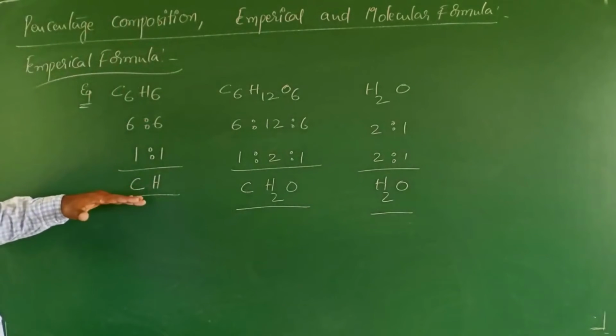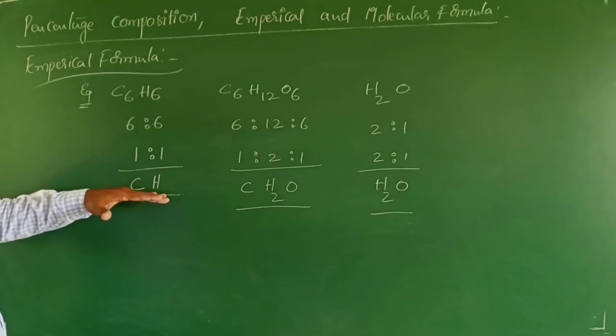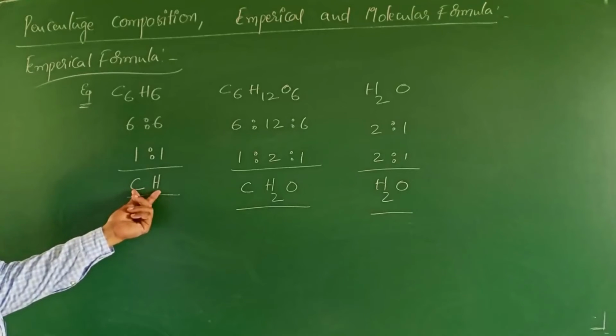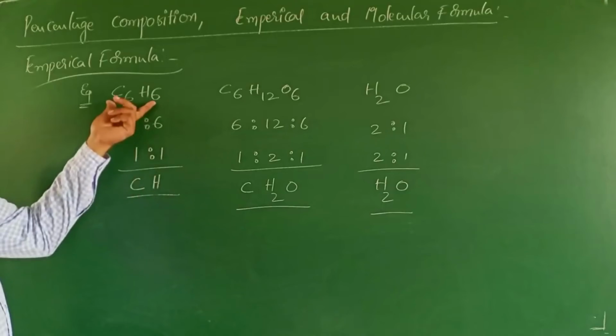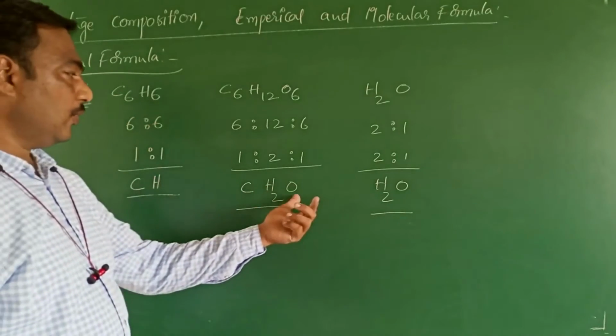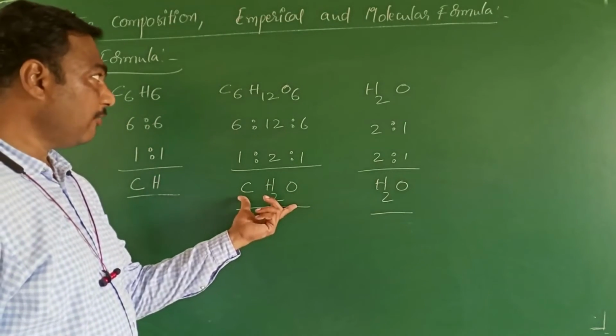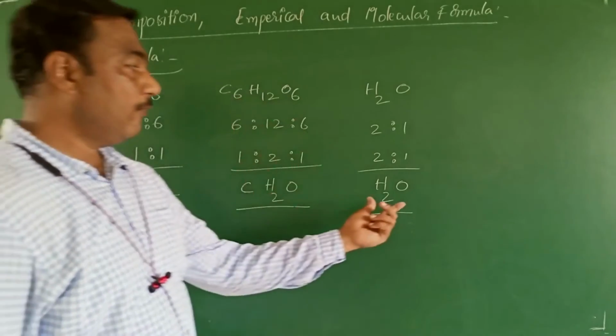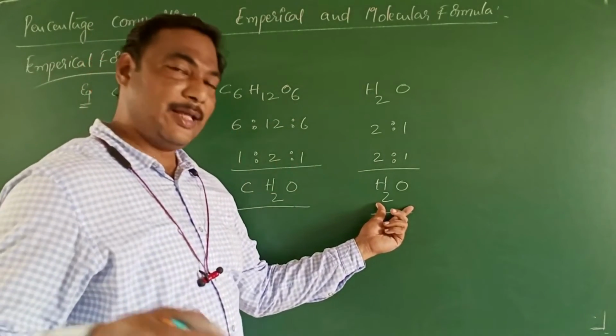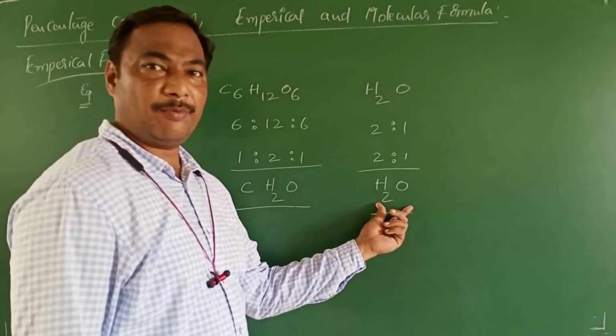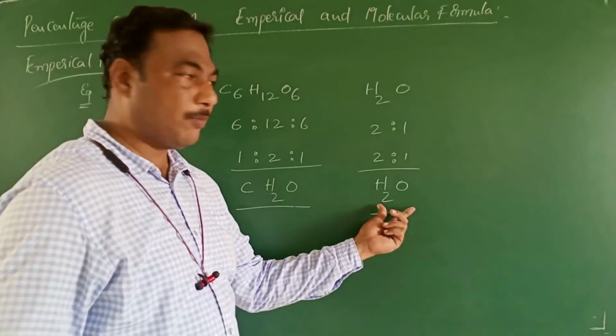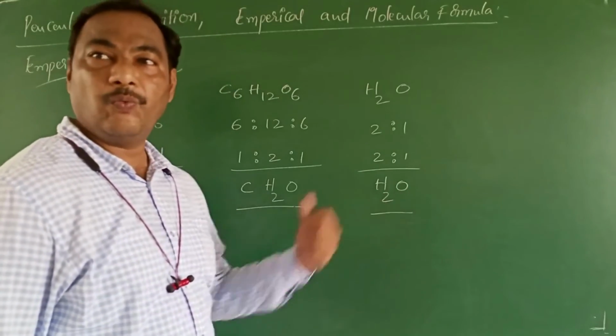This is the concept of empirical formula. CH is the empirical formula of benzene, CH2O is the empirical formula of glucose, and for water, the empirical and molecular formula are the same.